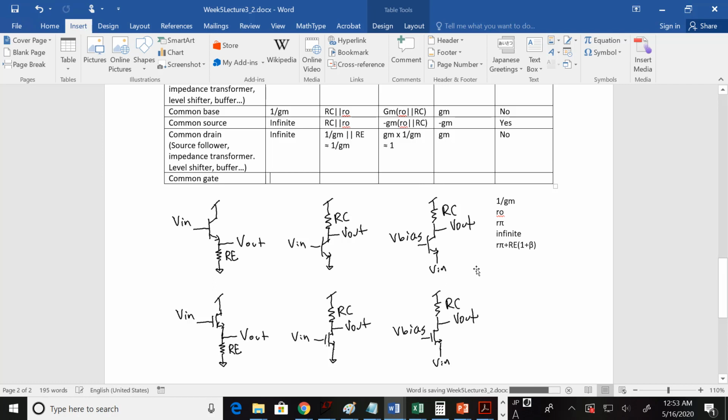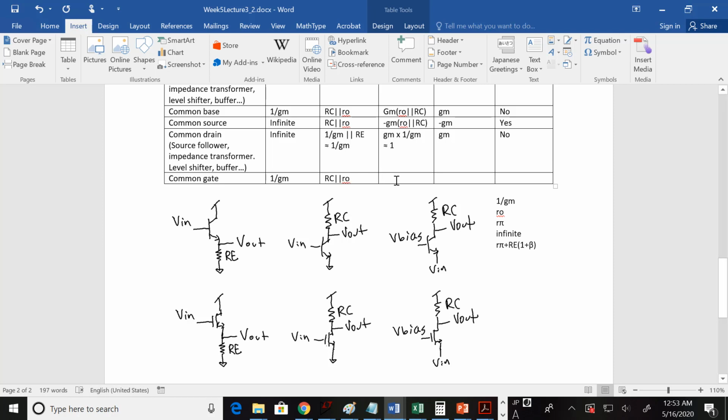And last but not least, this is going longer than I planned because the table's taking time. I'll just keep going. Okay, last one is a common gate. The input goes into the source, so R in is 1 over GM. Then your R out is RC parallel with looking down, which hits the drain, and the drain is RO.